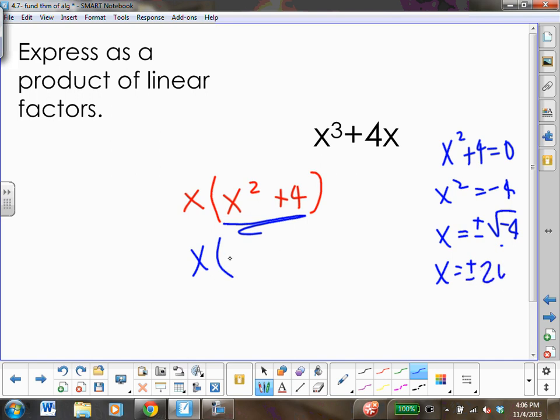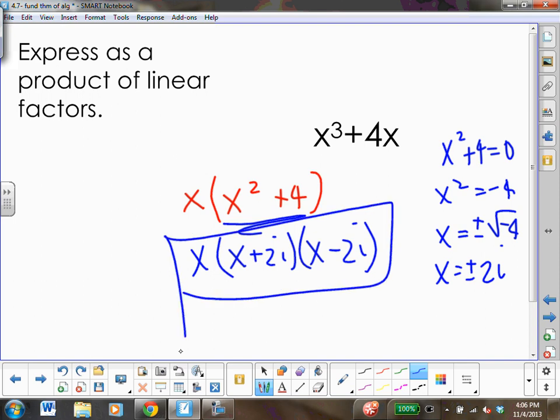Which means that x times x plus 2i and x times x minus 2i would mean that I have the product of linear factors again. Notice, all the x's, no squares, are left. That's what I mean when I say the product of linear factors.